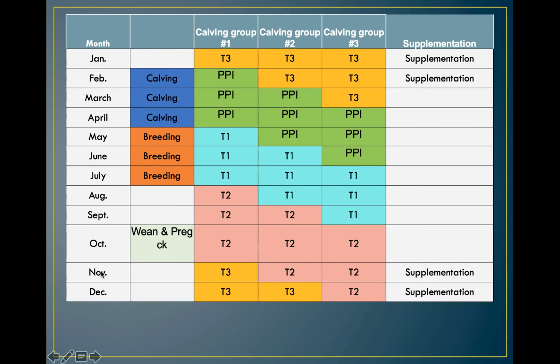On the left-hand side, we have the months of the year, starting with January and going through to December. Calving is going to take place about February 1st to the end of April, and then breeding is going to take place from about May to July. So we are aiming for a 90-day calving season here.